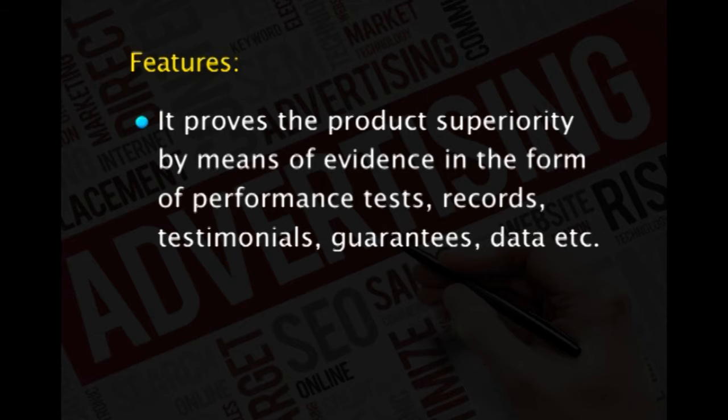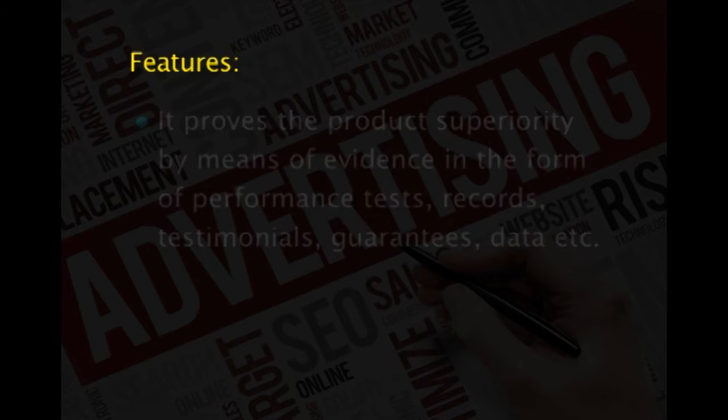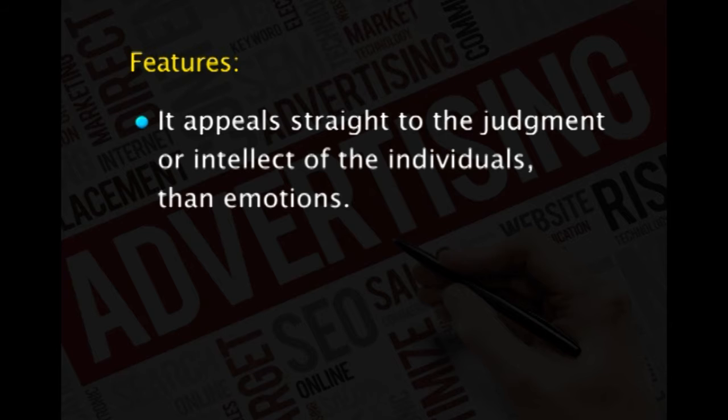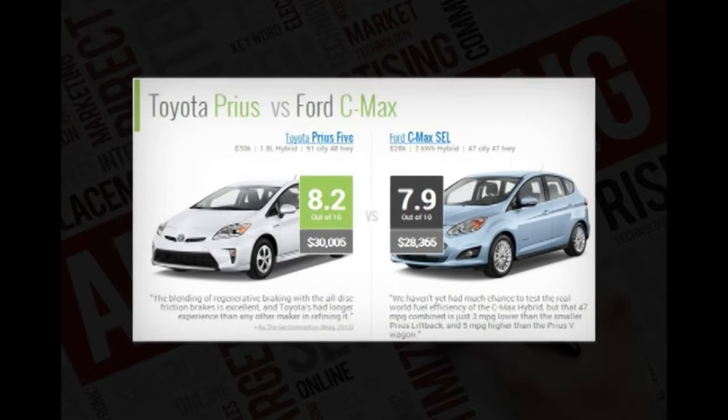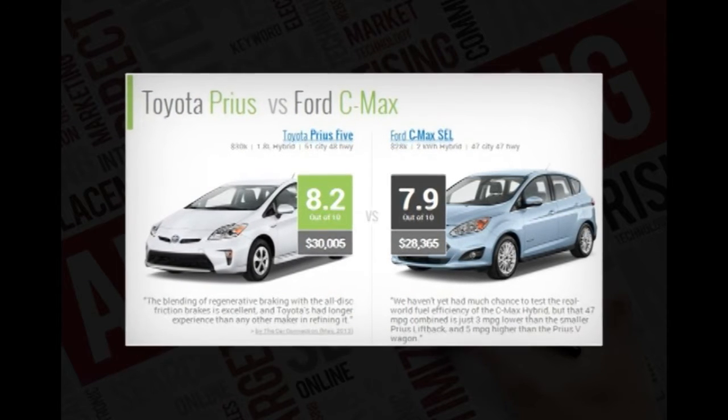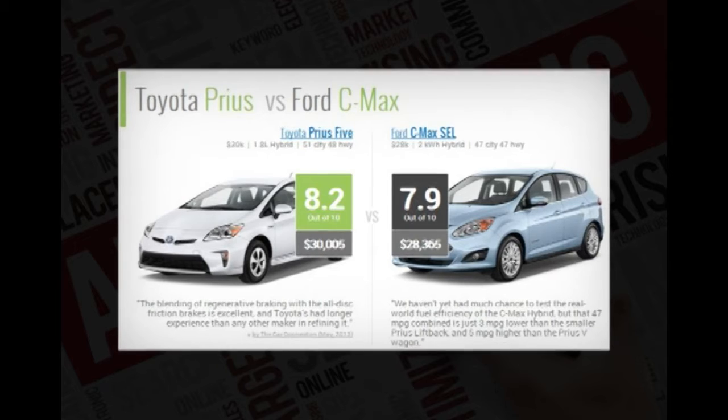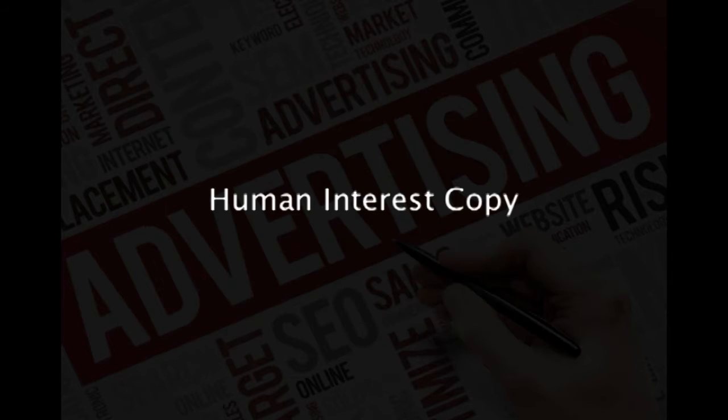It proves the product superiority by means of evidence in the form of performance tests, records, testimonials, guarantees, data, etc. It appeals straight to the judgment or intellect of the individuals than emotions. The advantage of this copy is it explains why the customers should buy the product or the service of the advertiser. The next is human interest copy.